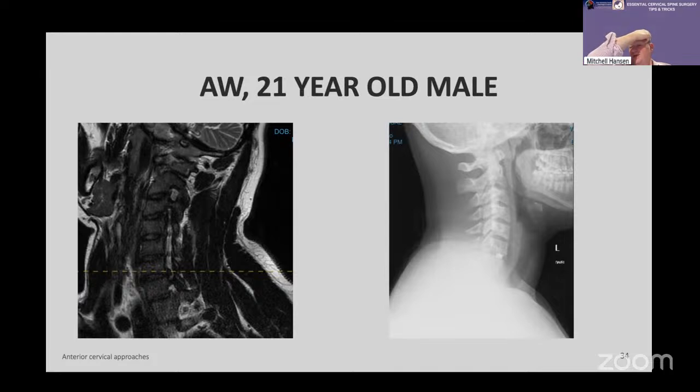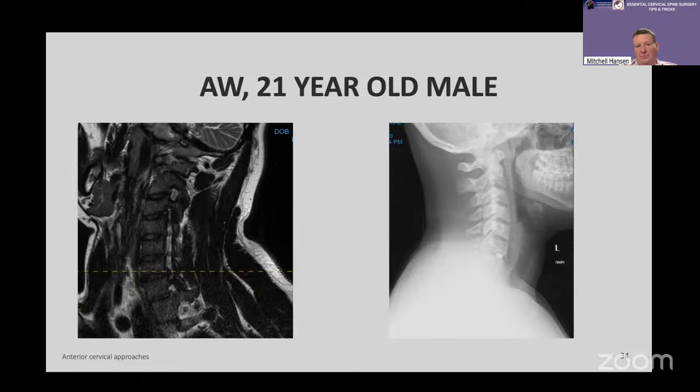I think the arthroplasty in a younger person, there is good evidence to show that it reduces the risk of adjacent segment disease, and having movement at this level, I think is useful in somebody of his age.